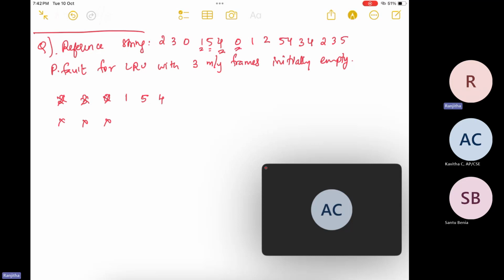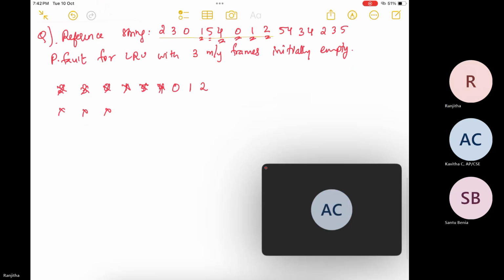Now when 0 is accessed, 1 is replaced and 0 is brought in. When 1 is accessed, 5 is replaced and 1 is brought in. When 2 is accessed, 4 is replaced and 2 is brought in. When 5 is accessed, again there is no 5, it's replaced and 5 is brought in. 4 again a page replacement, like before. 3.